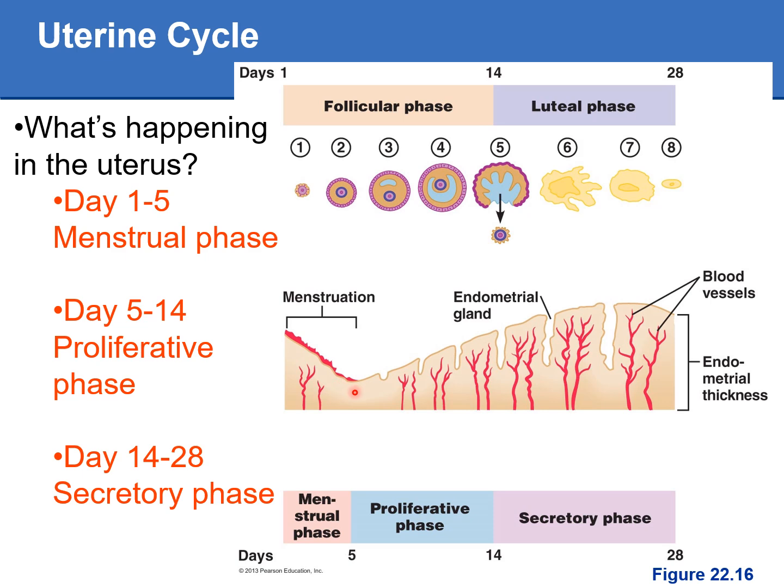And then days 5 through 14 is the proliferative phase. This is when the endometrium, the uterine lining, starts to build back up again. And this will end at ovulation. And then days 14 through 28 is going to be the secretory phase.